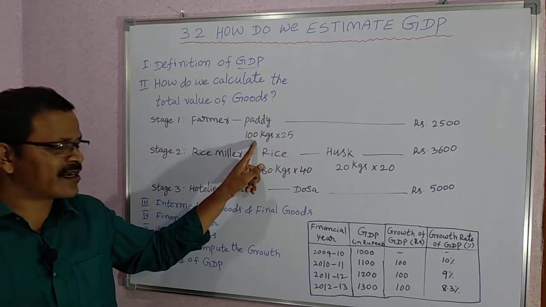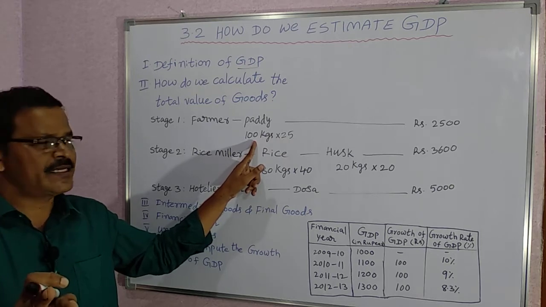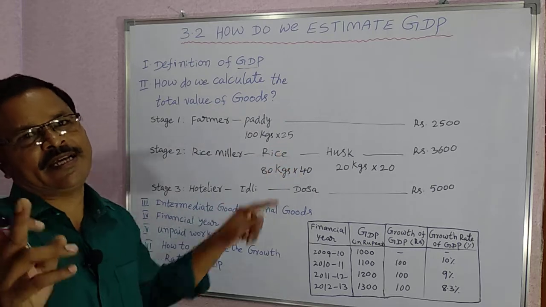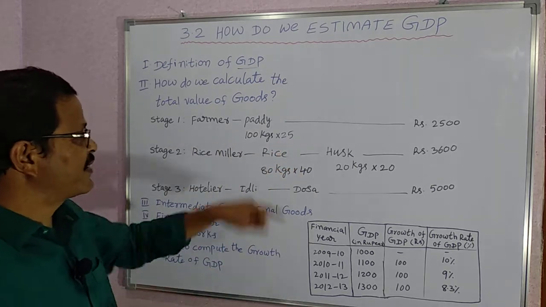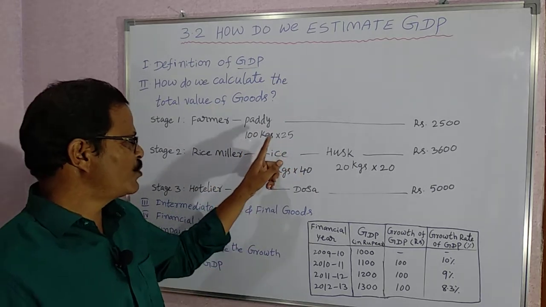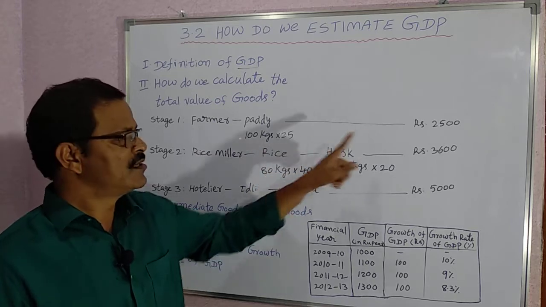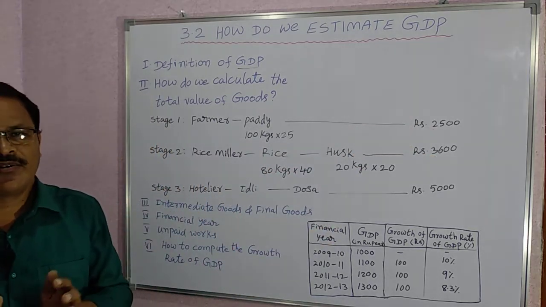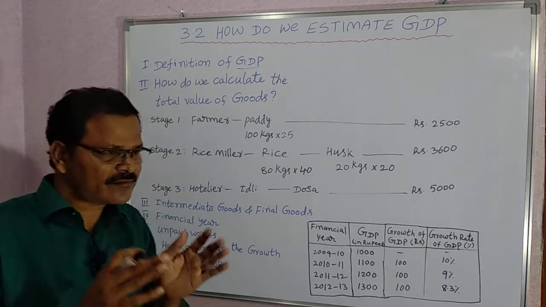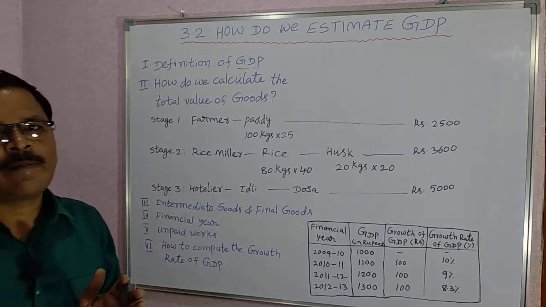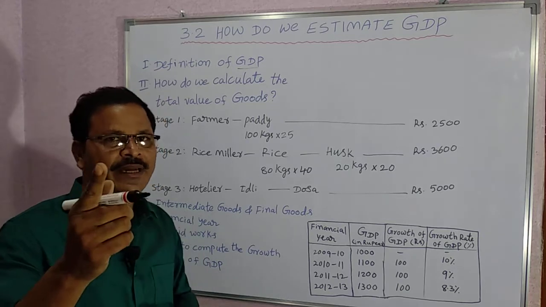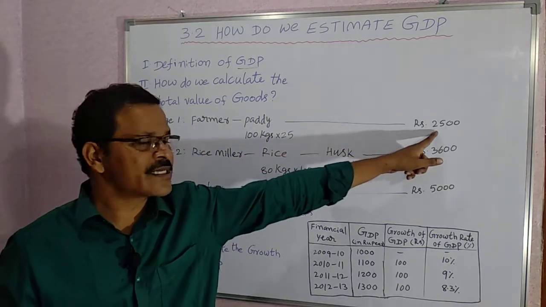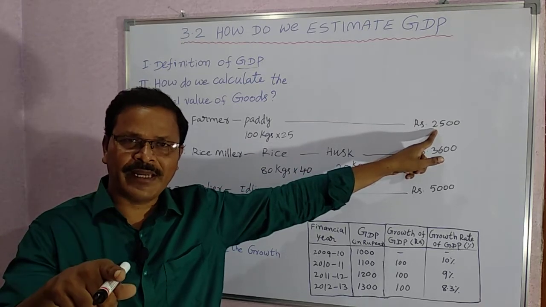He produces 100 kilograms of paddy grains and sells at 20 rupees per kg. 100 into 25, 2,500 rupees. That is the value of paddy produced by the farmer.